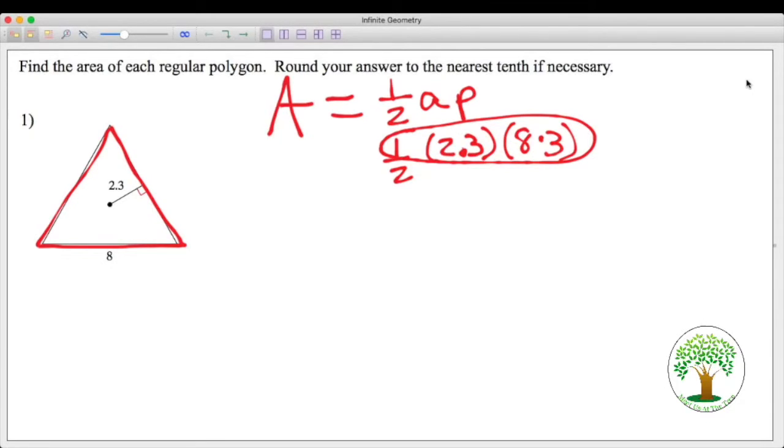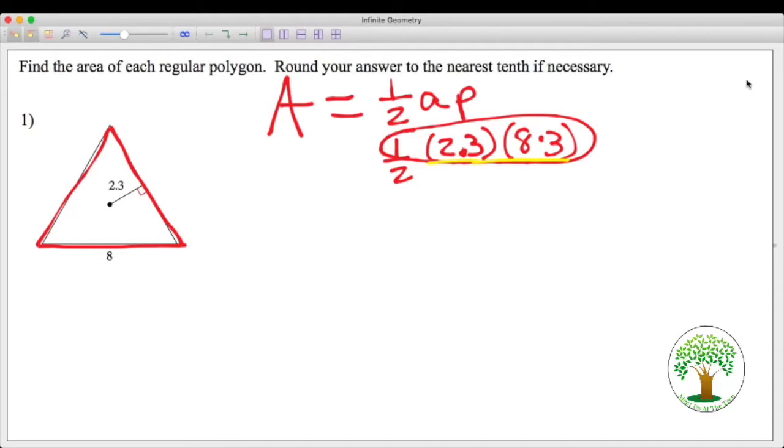You can do 1/2 with open parentheses, you can do it that way, but I am suggesting that you do the whole numerator and divide it by the denominator. The 1 is not necessary. Then do the 2.3 times 8 times 3 divided by 2. Does 8 times 3 have to be in parentheses? No, because multiplication is commutative and associative.